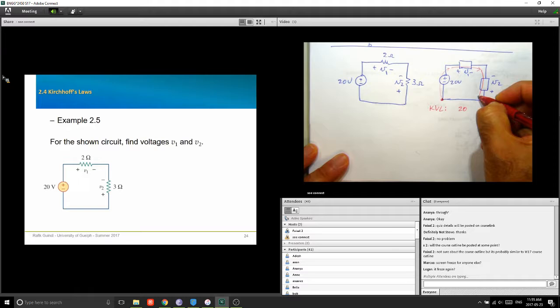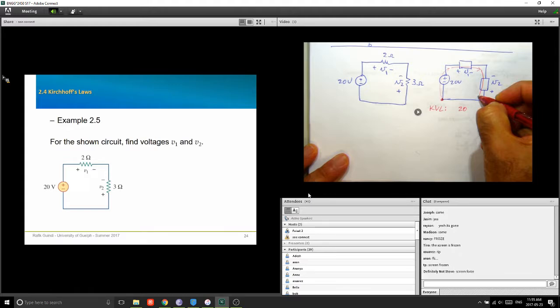And what can I write here in terms of Ohm's law? What's the relation between the voltage, the current, and the value of the resistance? What can I say? V1 equals 2 times I1. Okay? So V1 equals 2 I1. Alright?